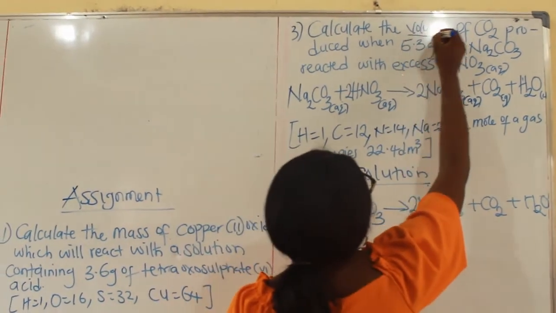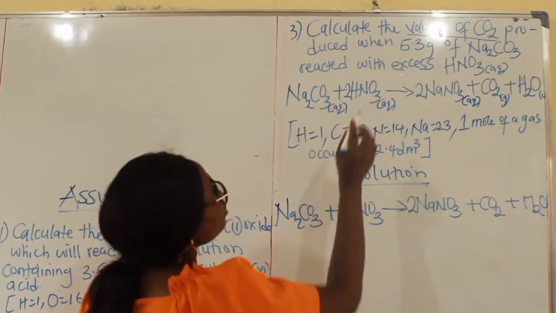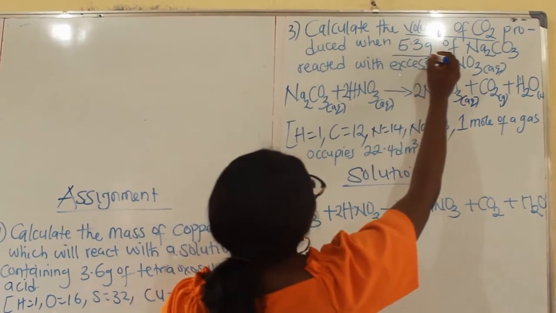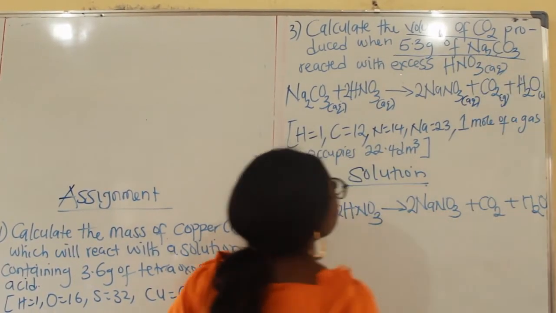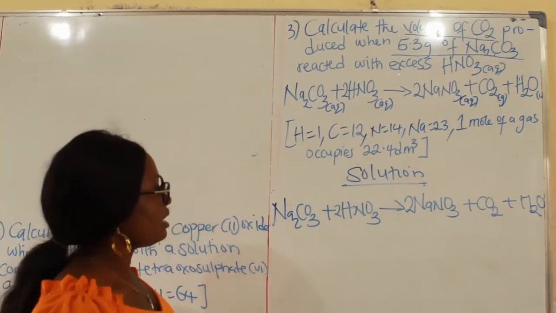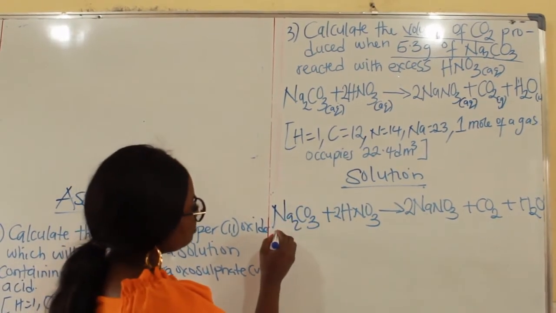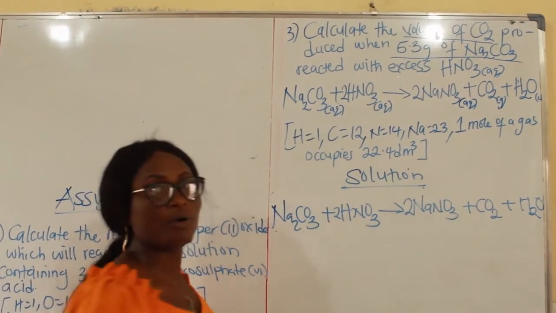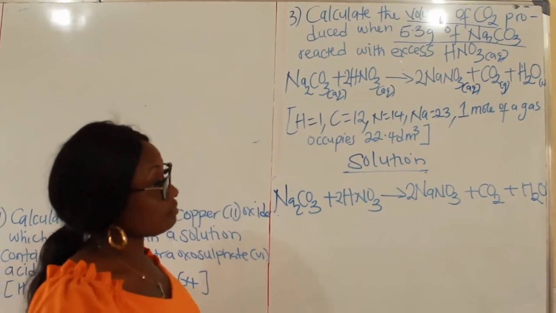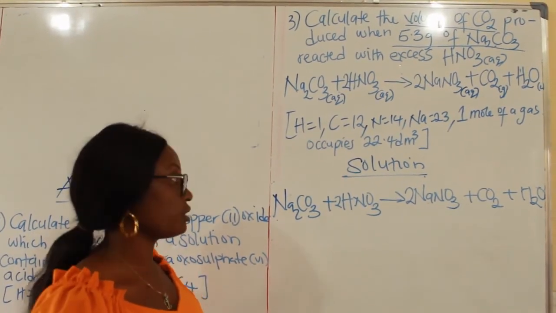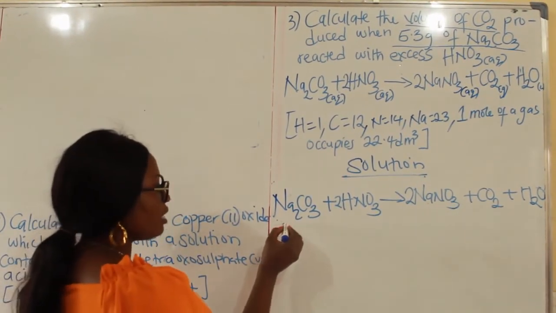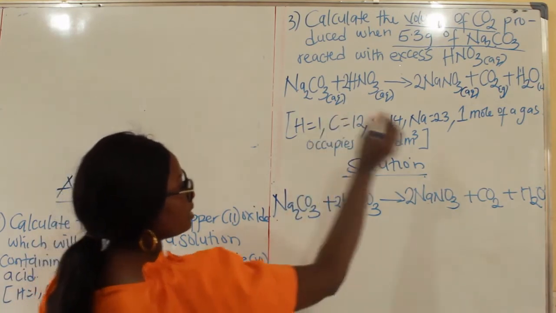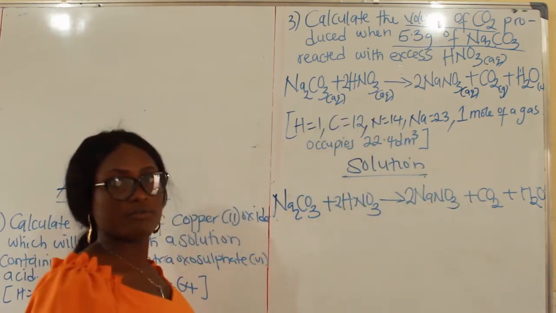Now we're calculating the volume of CO2 produced when 5.3 grams of sodium carbonate. It then means we are interested in sodium carbonate and carbon(IV) oxide. That's all. The other compounds are not necessary, okay? Because we are given the mass of this as against the volume of this.